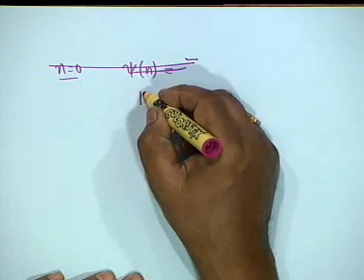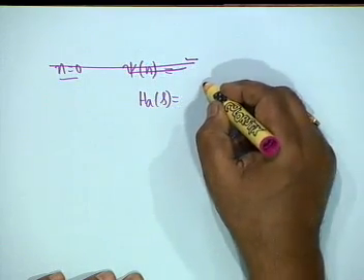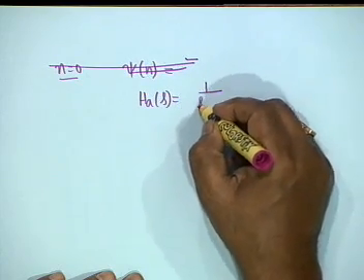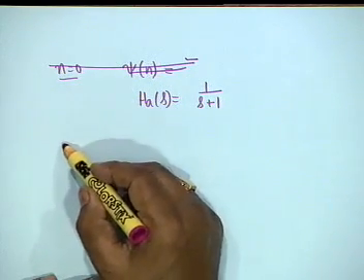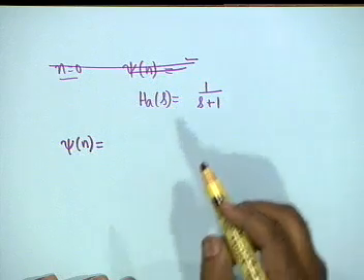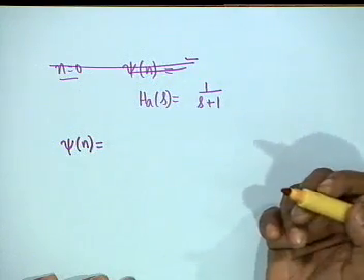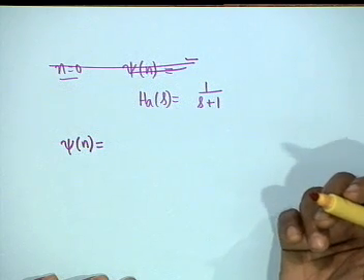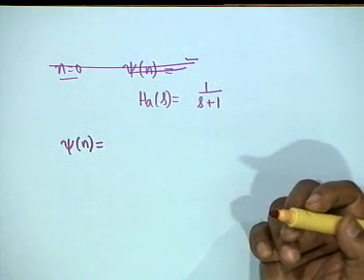Suppose H_A(s) is equal to 1 by s plus 1, the first order Butterworth or Chebyshev filter. Then for this, psi(n) obviously shall be equal to, yes, do you have to put in the formulas or can you do it directly?